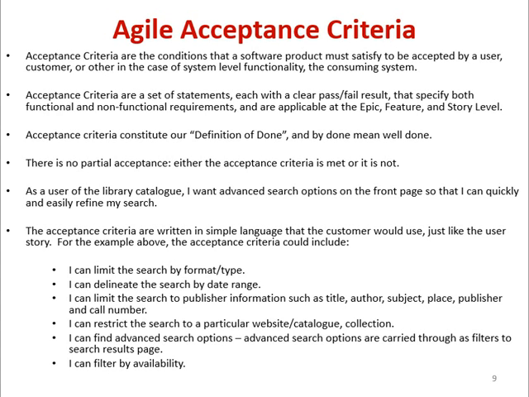Acceptance criteria are a set of statements, each with a clear pass or fail result. They don't have any ambiguity in between. So either yes or no. They specifically cover both functional and non-functional requirements, and are applicable at the epic level, feature level, and even the story level. So acceptance criteria constitute our definition of done.